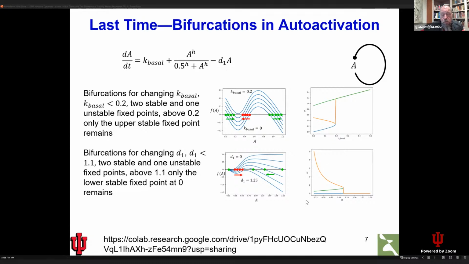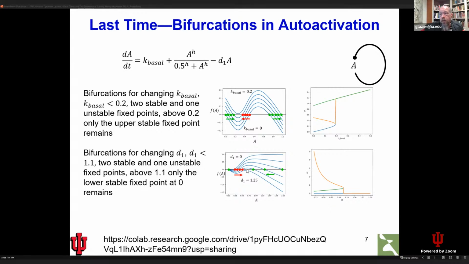So we lose those lower stable and unstable fixed points. In this case, the lower stable and unstable fixed point collide and annihilate each other. In the case of increasing D1, what's happening is, in a sense, we're bending the curve. Instead of moving it up and down, we're twisting it around the 0 point.